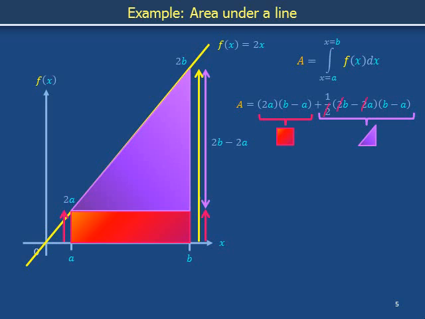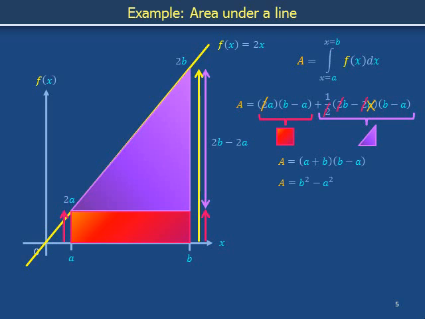Cancel these factors of 2 out. Positive and negative copies of a times (b minus a) cancel each other, and the remaining terms nicely collect as (a plus b) times (b minus a). Distributively multiplying, or FOILing, we find that the area of the trapezoid is b squared minus a squared.